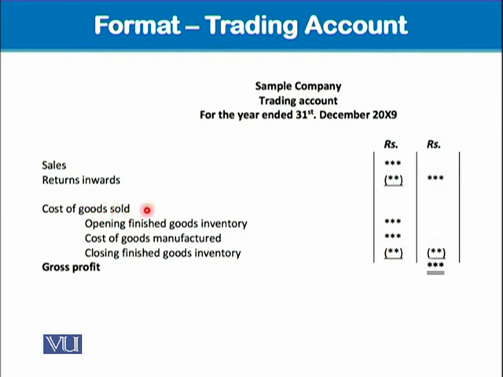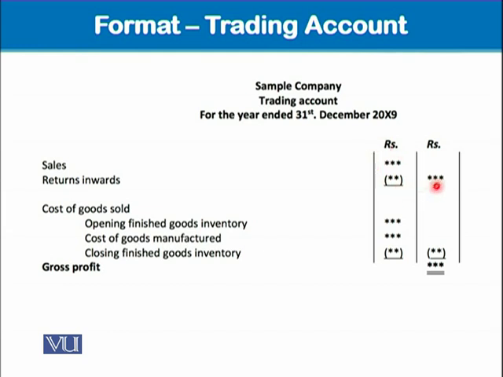Your concepts should be very clear about what we are preparing. You should not simply cram things; your concepts should be built up. The gross sales figure will be adjusted with the sales return, also known as returns inward, and then we will have net sales.